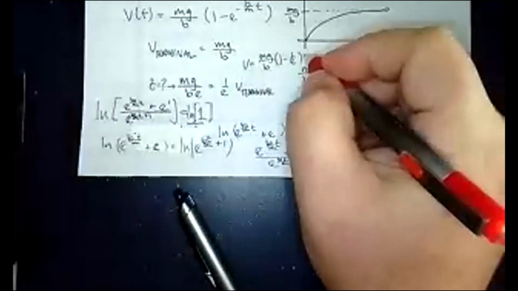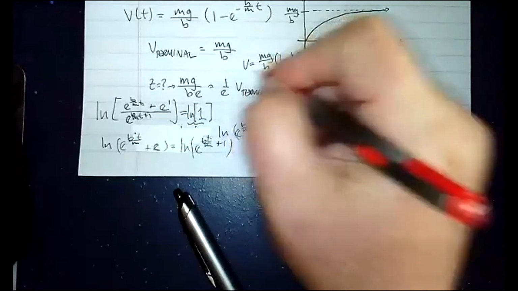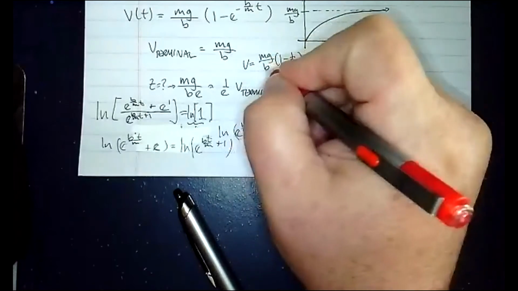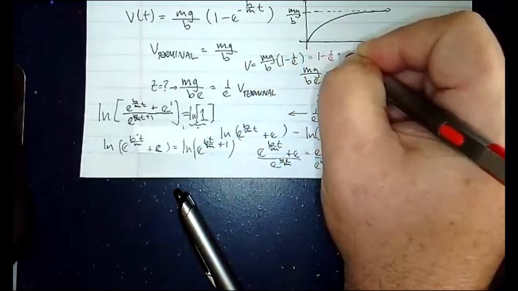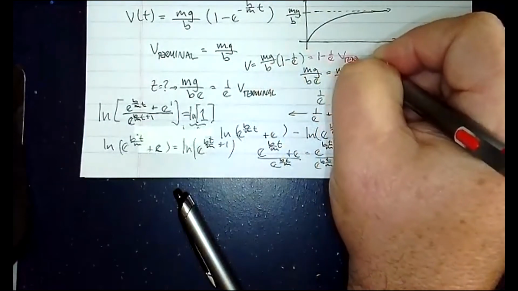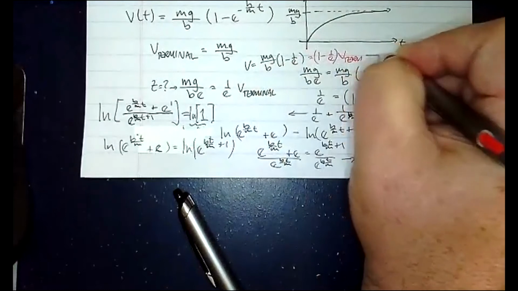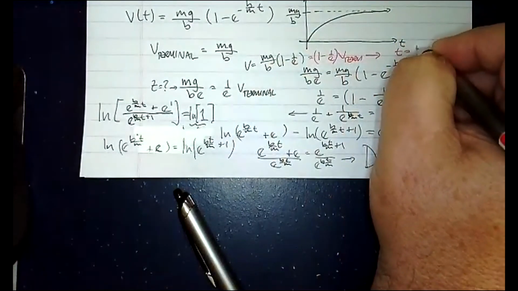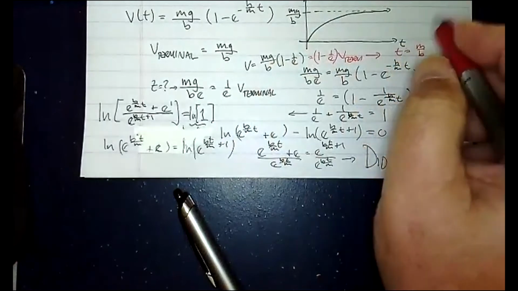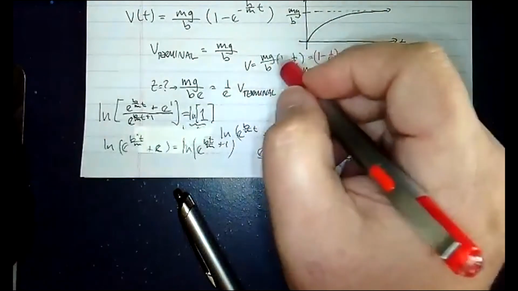So everything I did was stupid, boneheaded. When I do that, that's actually 1 minus 1 over e times v terminal. And obviously you can see that occurs when t is equal to m over b. So that's really what I was trying to do.